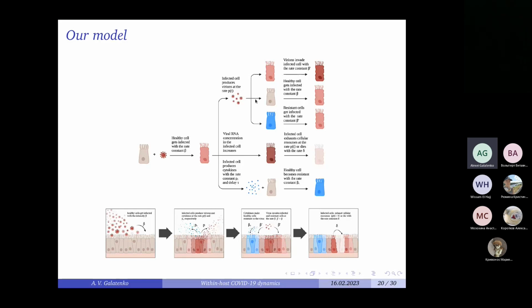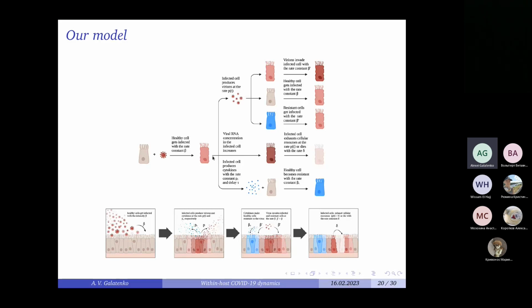It can also enter a healthy cell with a higher rate, or an immune cell with still lower rate. To simplify the model, we assumed that infection intensity is equal for immune cells and infected cells. This was done just to reduce the number of parameters. At the qualitative level, it worked perfectly fine.